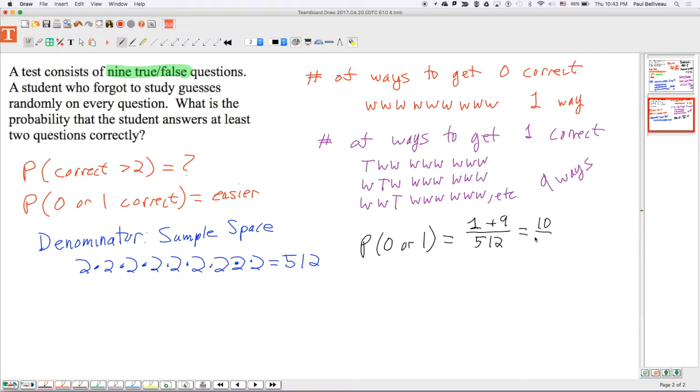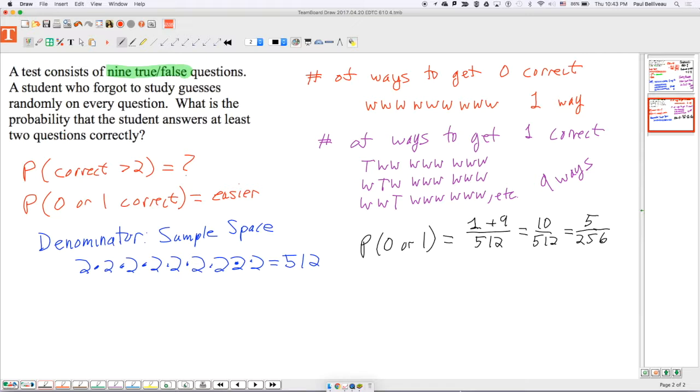So that's 10 out of 512, which reduces to 5 out of 256. It's a small probability. Okay, so if you guess, you're not particularly likely to just get 0 right or 1 right. Probably can do better than that.